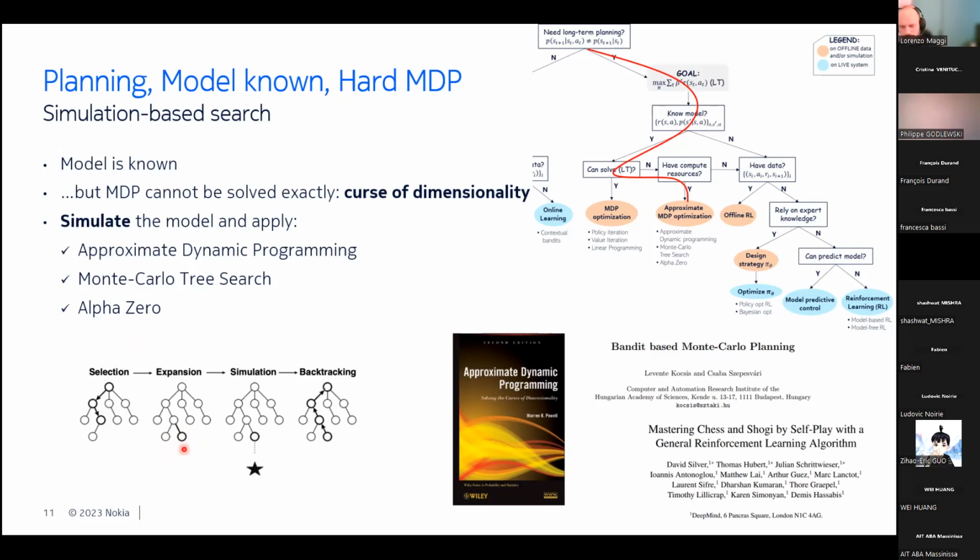But okay, I will not delve too much into details, but basically, if you know the model but you cannot solve it, which is what happens most of the time, and still, known model is a big assumption, but if this is solved, as in the chess or Go use case, then you can simulate it and search across this huge search space.